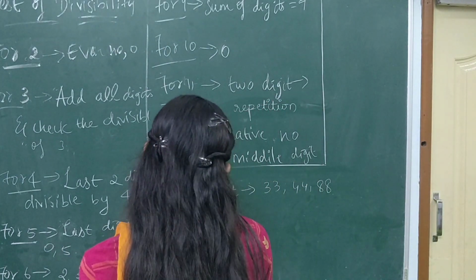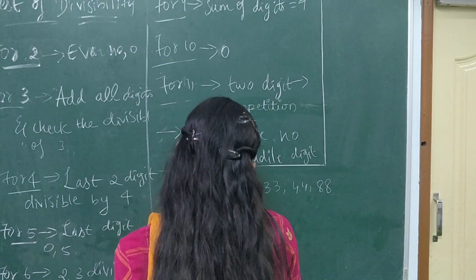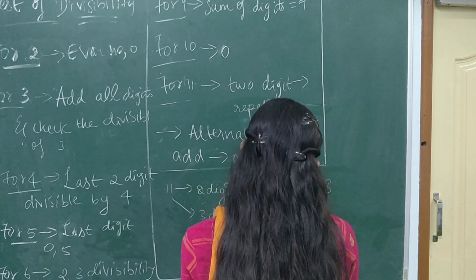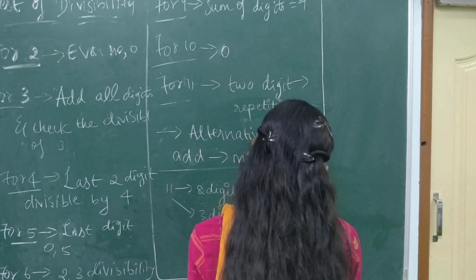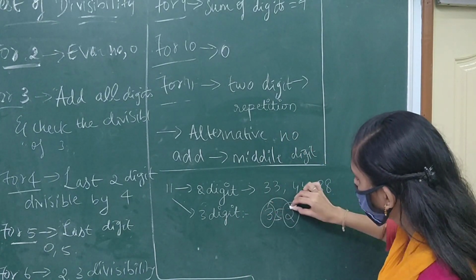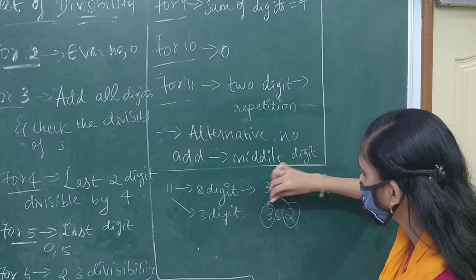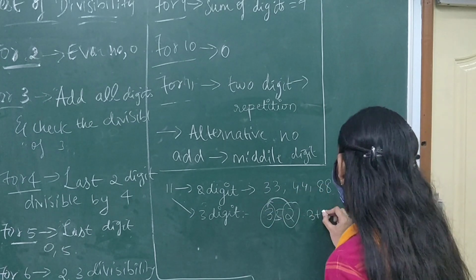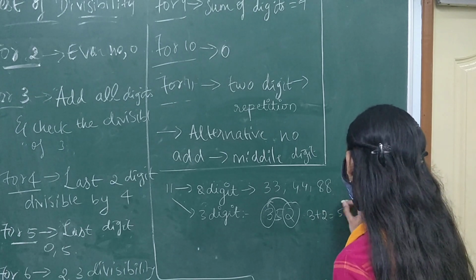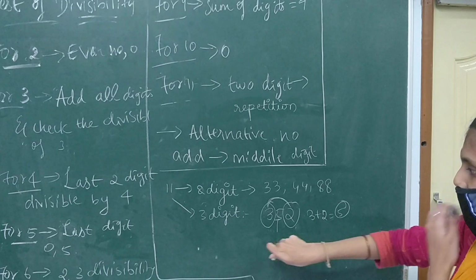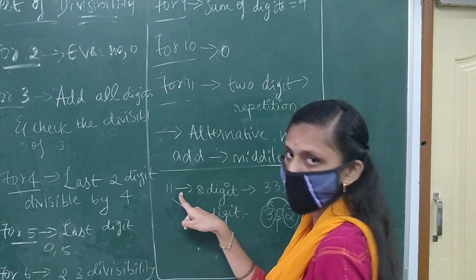If I take a 3-digit number like 352, we have to add the alternate digits, I mean the first and the third digit: 3 plus 2 is equal to 5, which gives you the middle number. If it satisfies this, it is divisible by 11.